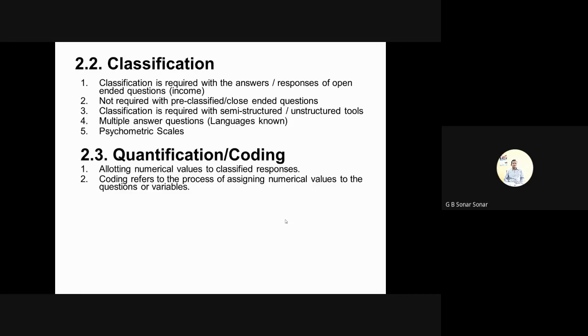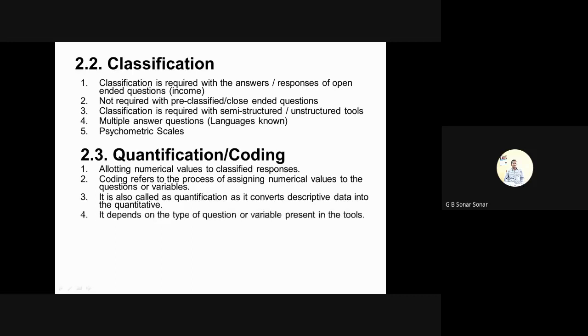Male 1, female 2, or transgender 3, like that. It is also called quantification, as it converts descriptive data into the quantitative. The qualitative or descriptive data is converted into quantitative data with the help of quantification.